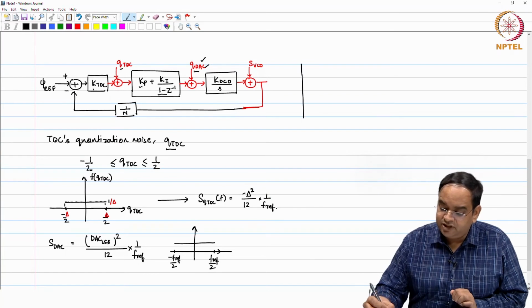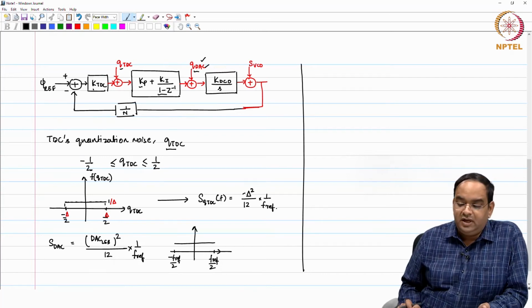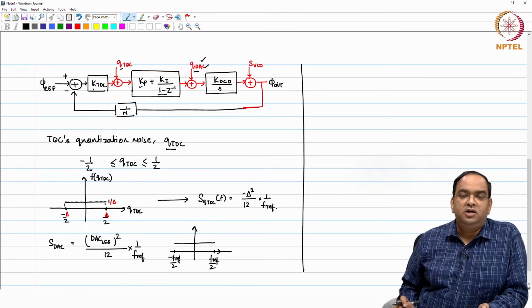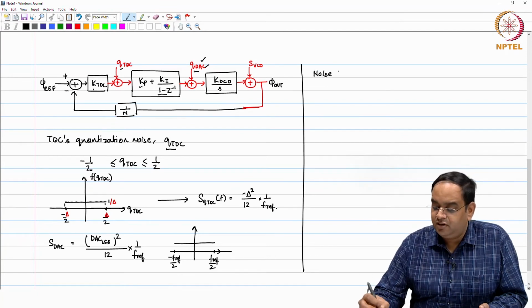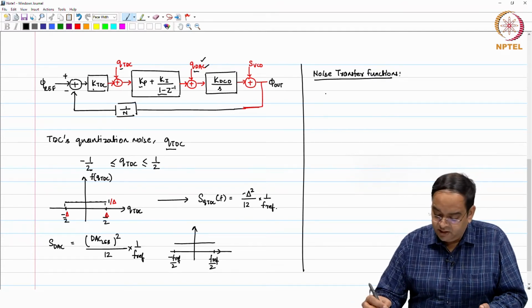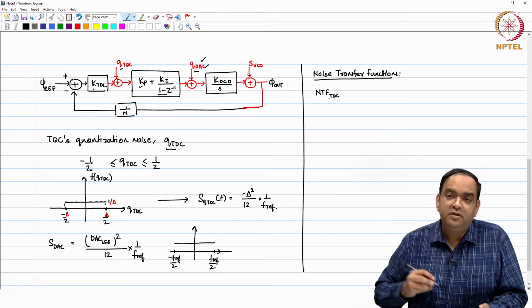Now, if you have such noise sources in the system, then you look at how these noise sources will get filtered at the output, the way we did for the noise transfer functions in the case of analog PLL. This is going to be the NTF of TDC.